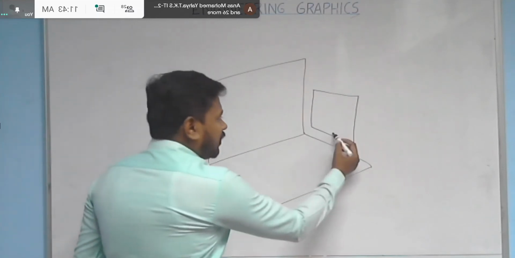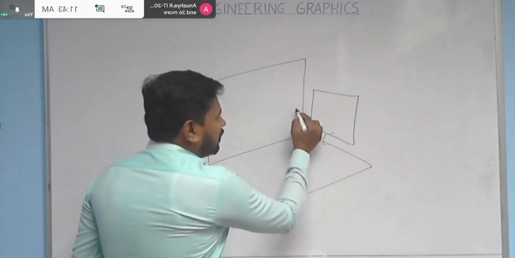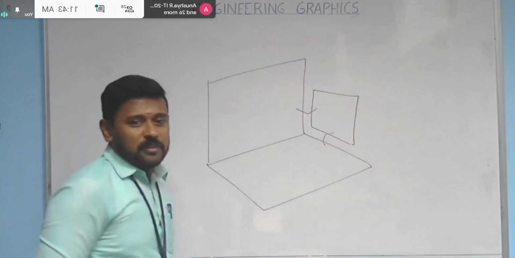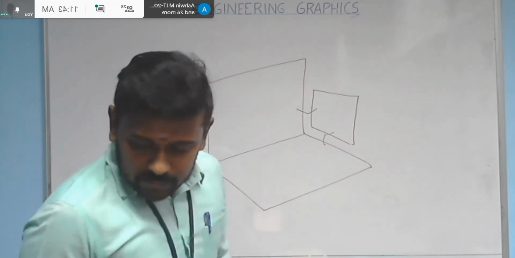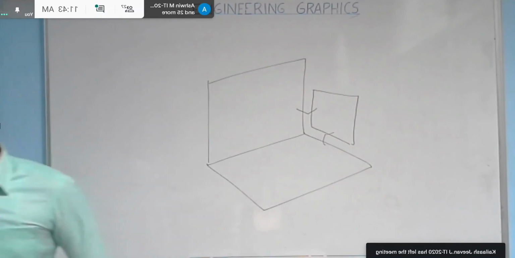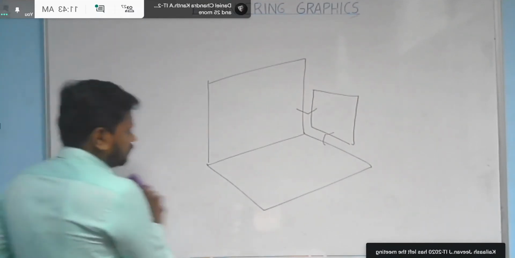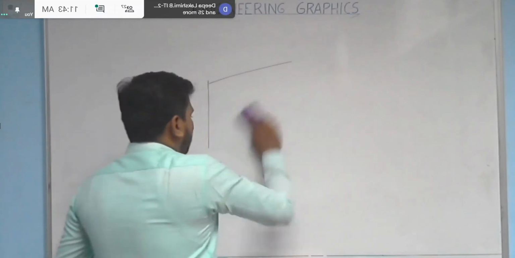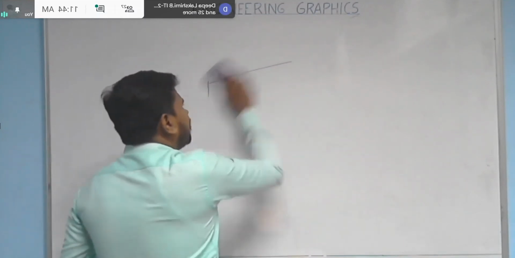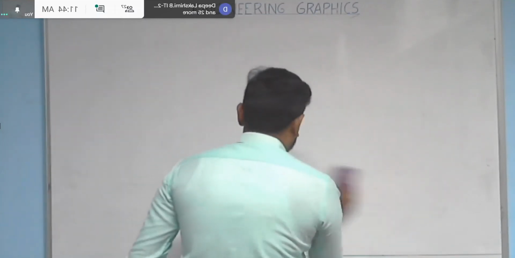So it is perpendicular to HP, and at the same time it is perpendicular to VP also. For all these kinds of positions, we can draw the front and top views of the plane.